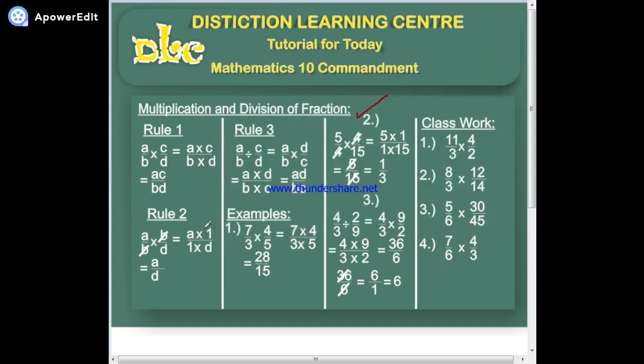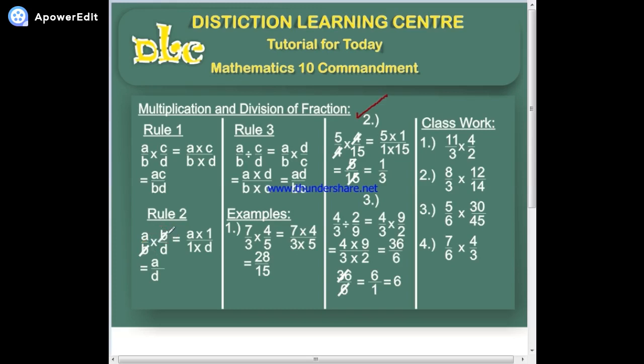Let's say A over B times B over D equals A times 1 over 1 times D. Since this B is divisible by this B, we are going to cancel it. Are you getting it? So it is to divide it.